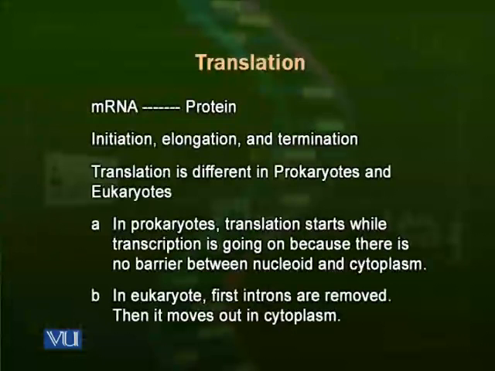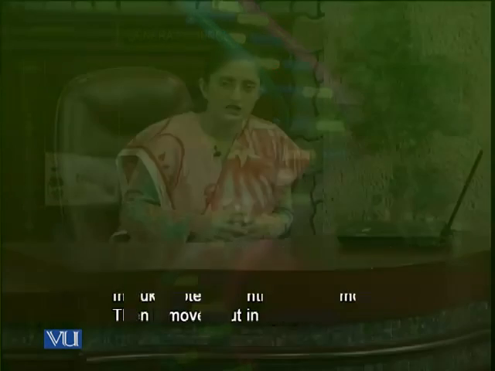As their messenger RNA comes out of the transcription bubble, it starts translating itself. The ribosomes come and attach to it and they start translating it. But in eukaryotes, this is a more complex process because they have a nucleus and the messenger RNA has to travel through the nucleus, move out through the nuclear pores into the cytoplasm where ribosomes are present, and then it has to be translated.